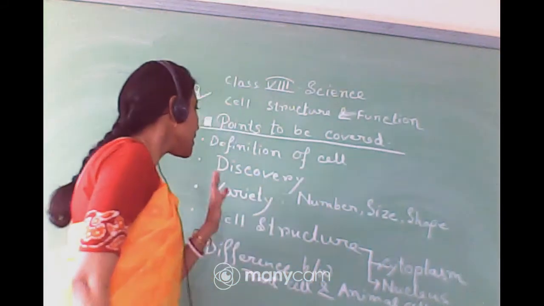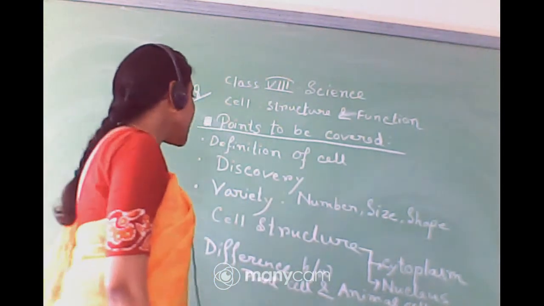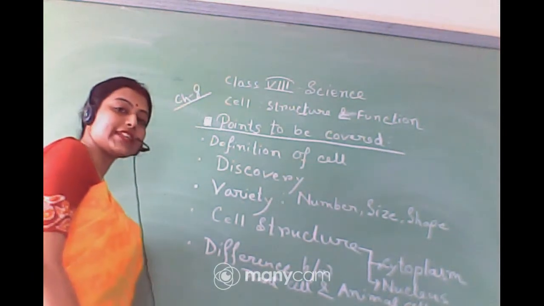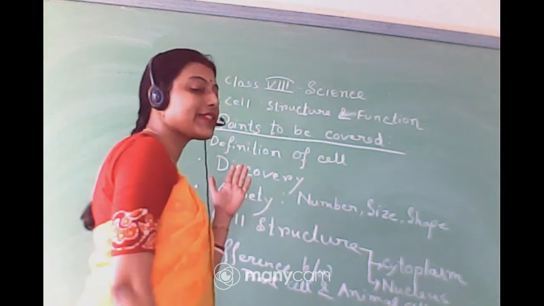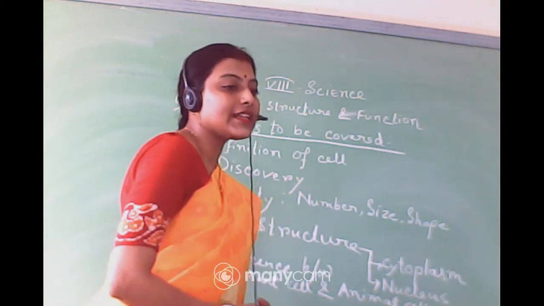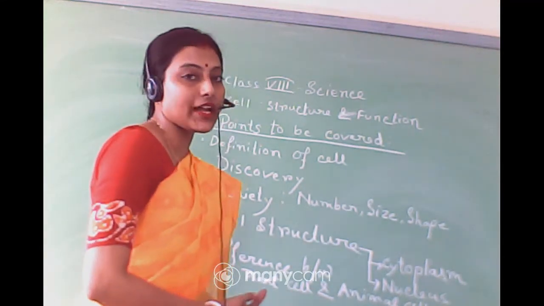So we all know that we started our chapter from the definition of the cell, and as I have said to you, the cell is the smallest unit of any organism. That is, the cell is the structural and functional unit of any organism.